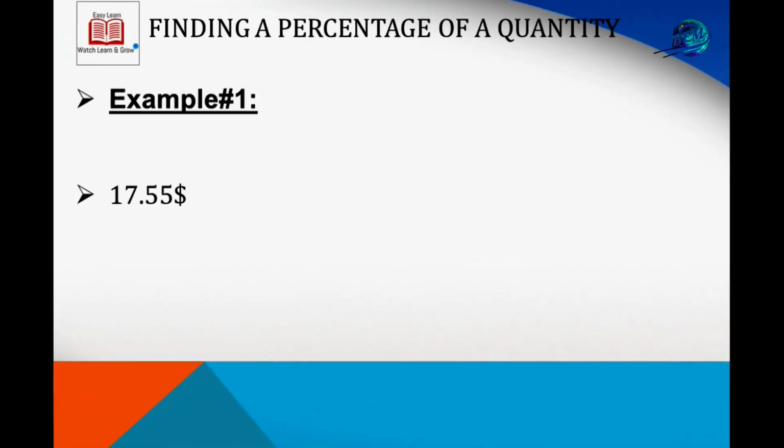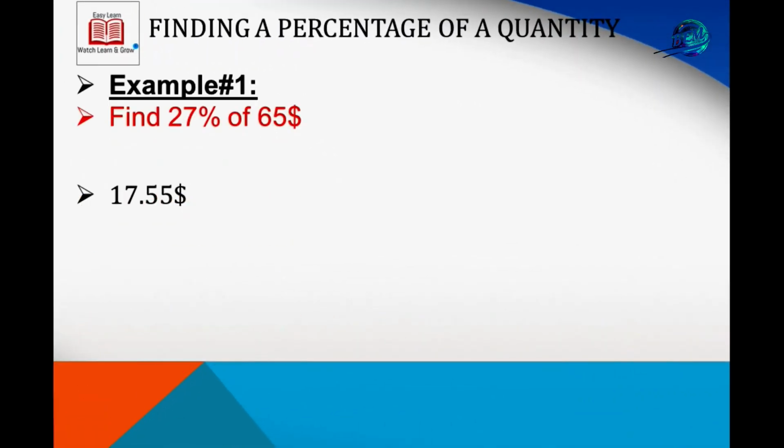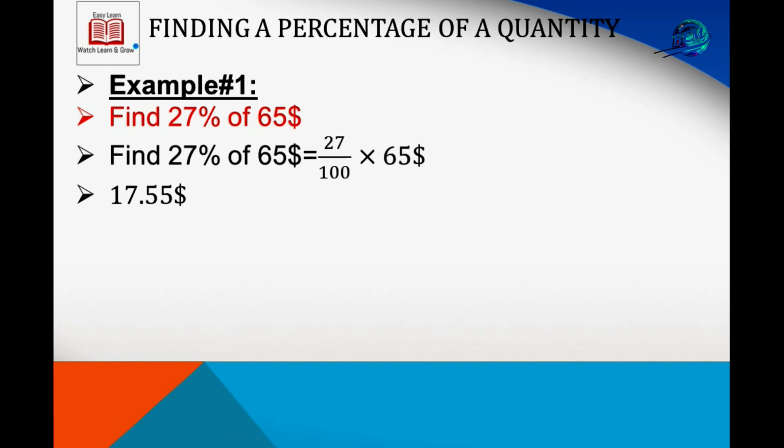Let's talk about an example. Example number 1. First we have to calculate 27% of $65. If I want to calculate 27% of $65, first of all I have to convert this percentage into a fraction, and 27% means 27 divided by 100 multiplied by $65. "Of" means how many times the original quantity.